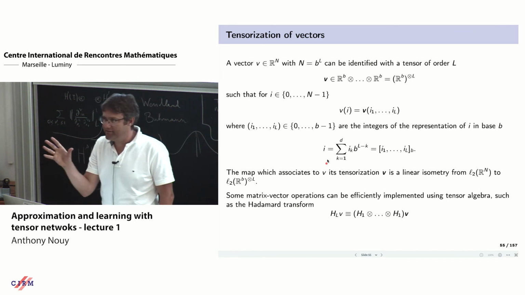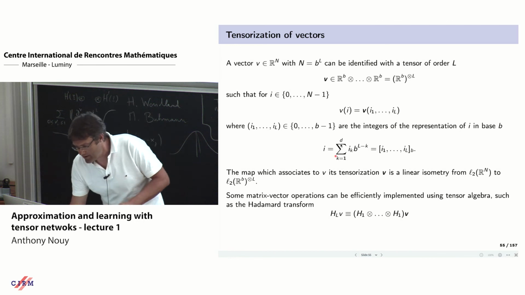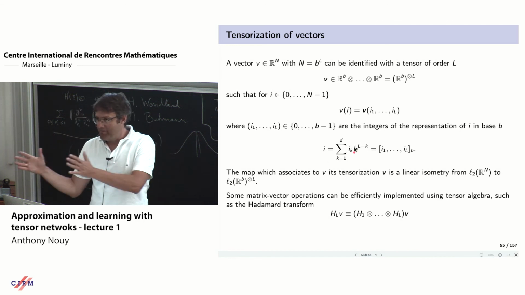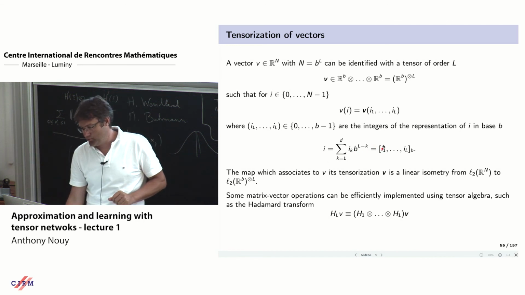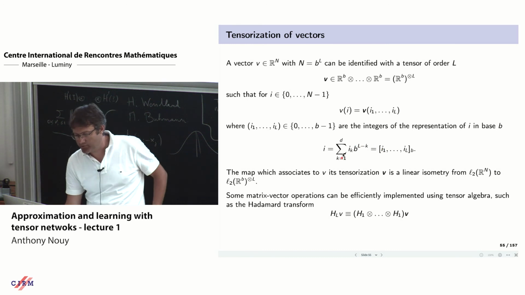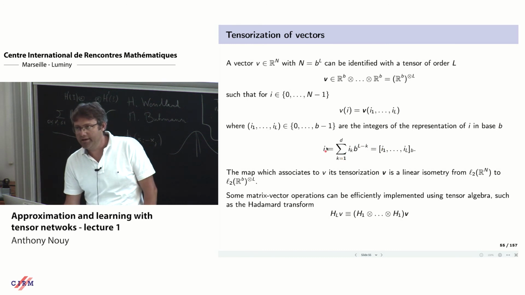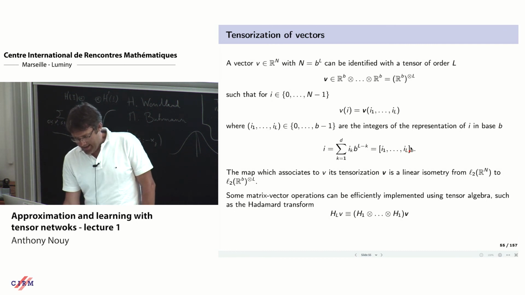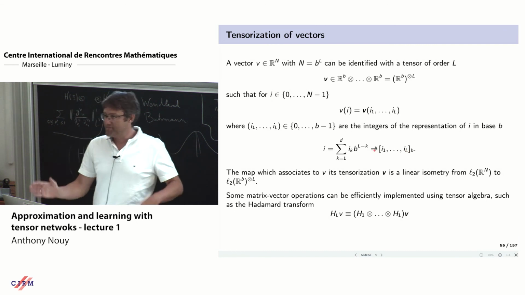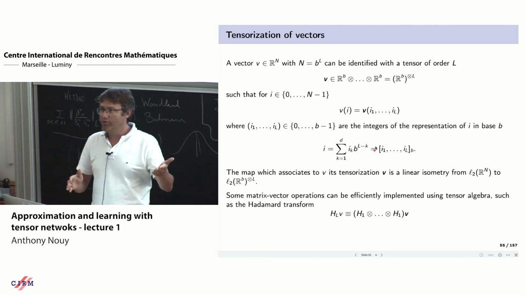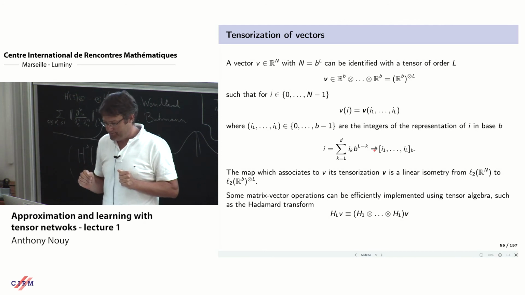There are alternative ways to represent an integer and map it to a tuple of integers, but this is quite a natural one. You introduce a representation in base b of your integer i, so that I denote it like this, a tuple of integers between 0 and b minus 1. And you have then a direct correspondence between a vector and a tensor of order L.